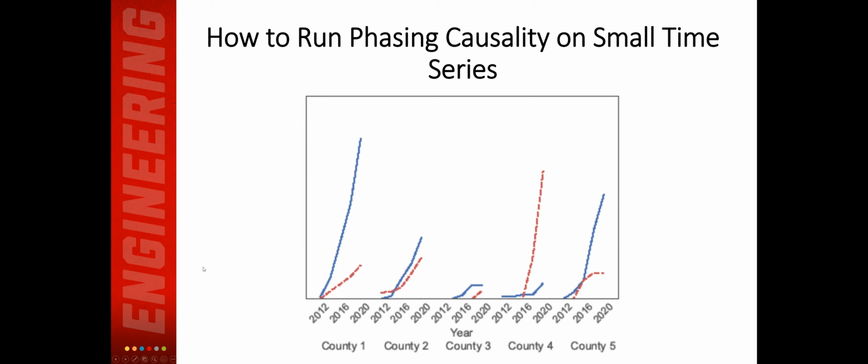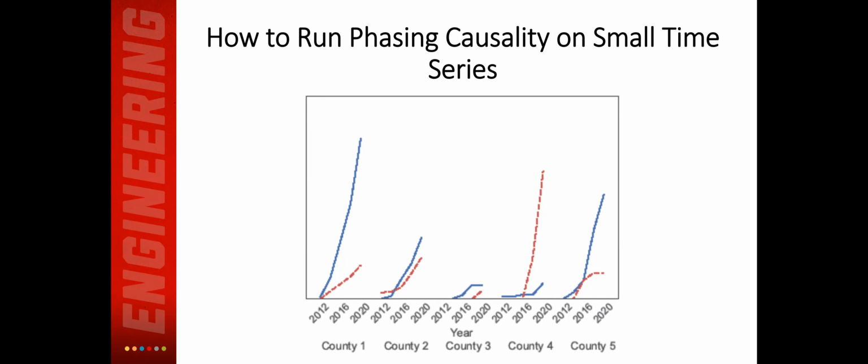So you can think of it as a spatio-temporal time series, but we're only allowing lags up to 5 years. That allows us to use the full data set and look for these sorts of patterns.